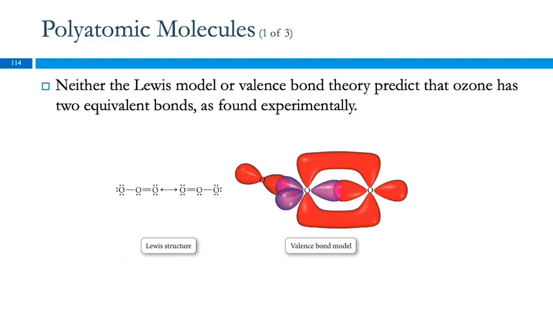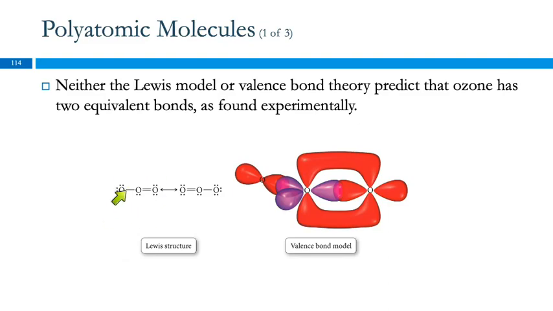Okay, ozone. We talked about ozone when we talked about resonance. And so here's the Lewis explanation for resonance. Basically it admits I can't explain it. It's between these two things, right? Because experimentally we know that the bonds here are of equal length and equal strength.